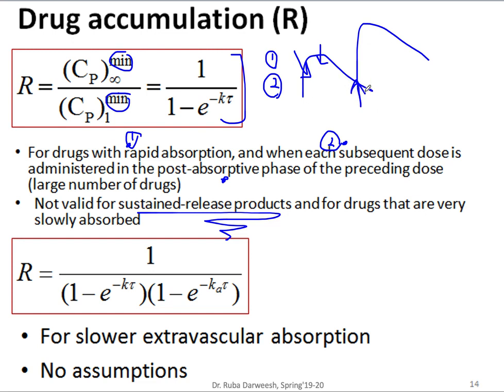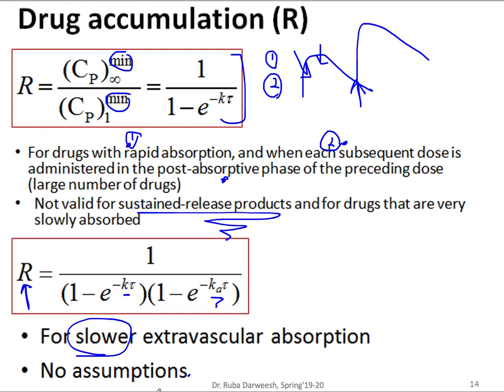Okay. But if we don't have any assumption, or we are talking about slow absorption, then we need to determine the accumulation to have one term that is related to elimination and another term that is related to absorption. Again, because we can't assume that the absorption is rapid, and so we can't ignore it.